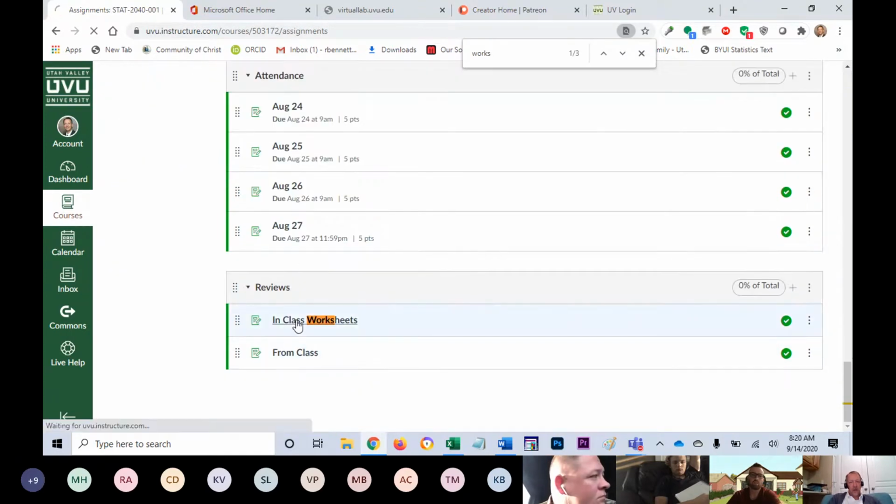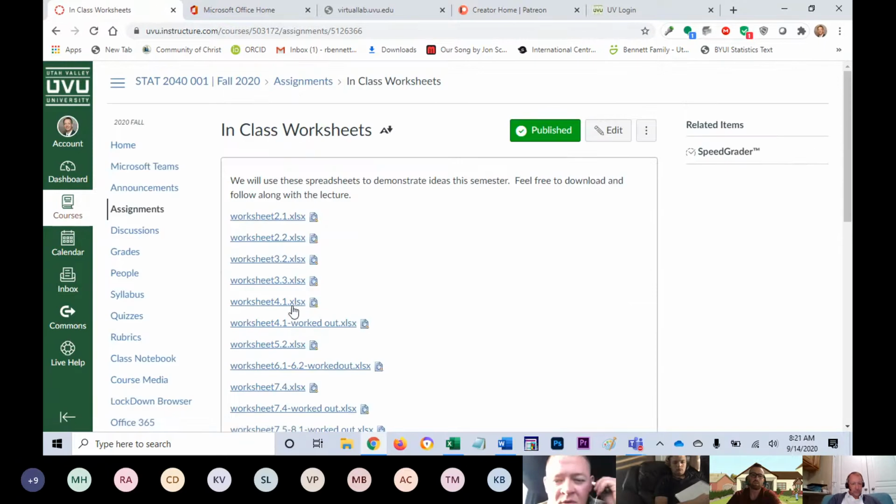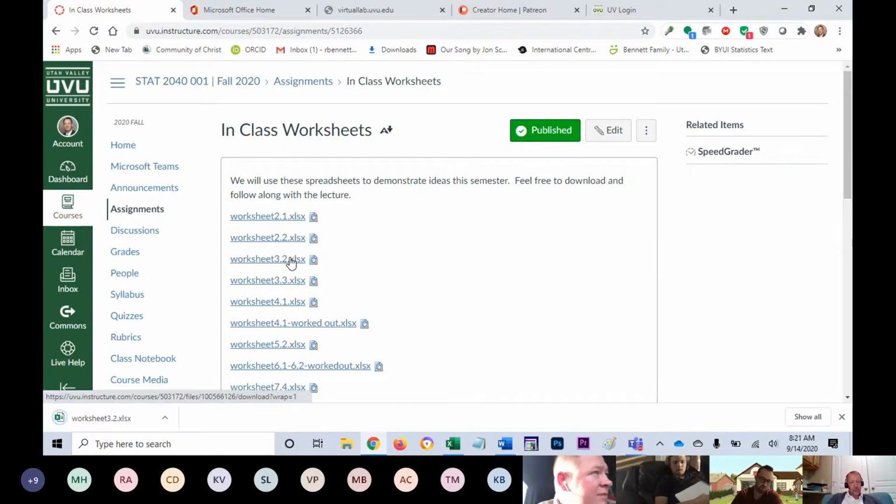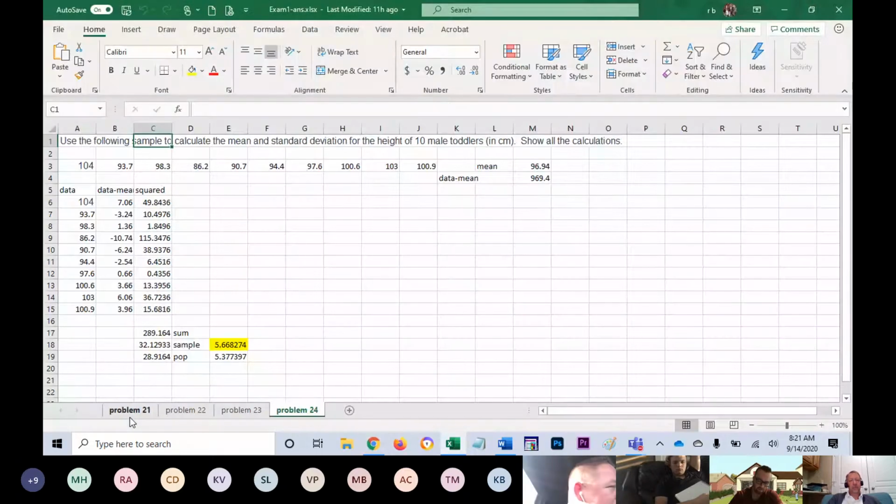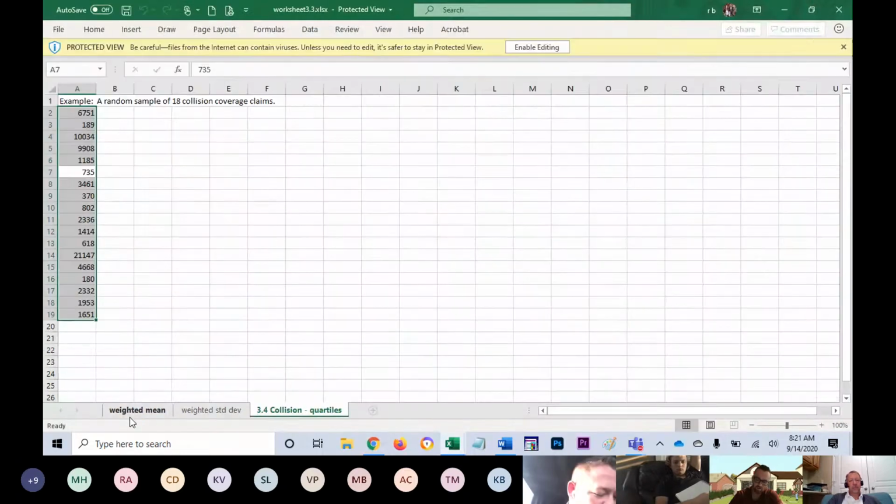Oh, in-class worksheets, okay. We're going to start on this one first. Maybe I'll download them both. I wanted to do 3.3 first.